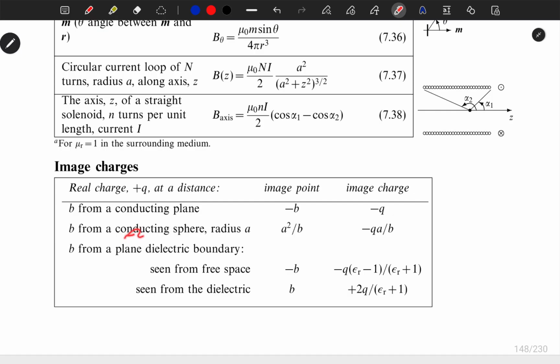From a conducting sphere of radius a, at a square by b, and the image charge is minus q a by b. From a plane dielectric boundary seen from free space, at minus b, with charge minus q times (epsilon r minus 1) by (epsilon r plus 1). Seen from the dielectric, at b, with charge 2q by (epsilon r plus 1).